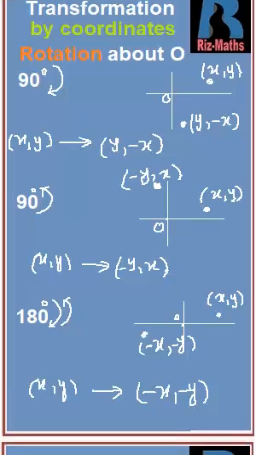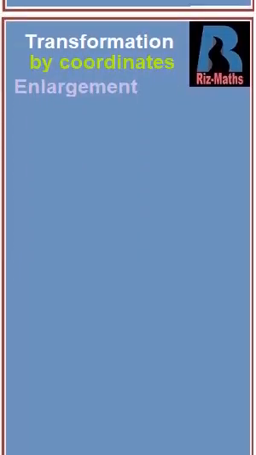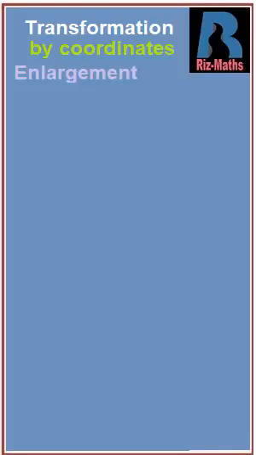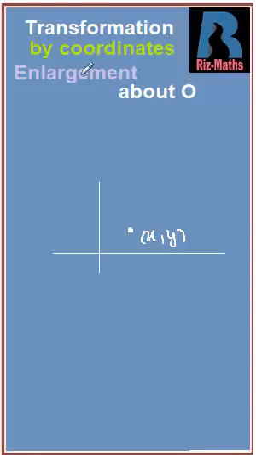Okay, so then we have the enlargement. And enlargement will also be only about the origin. Center of enlargement will be the origin. As we know, for the enlargement, the scale factor is very important, so it depends on the value of k. So scale factor is k. So in that case, this will have the image after enlargement about the origin O. It may be somewhere at a different position depending on the value of k.